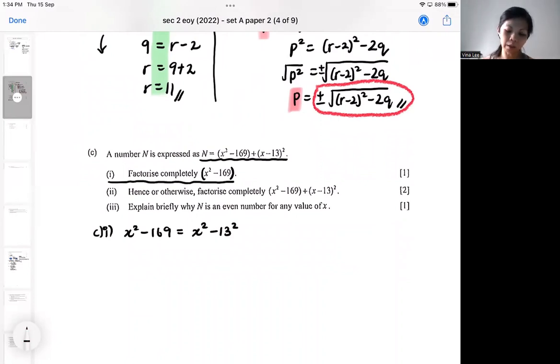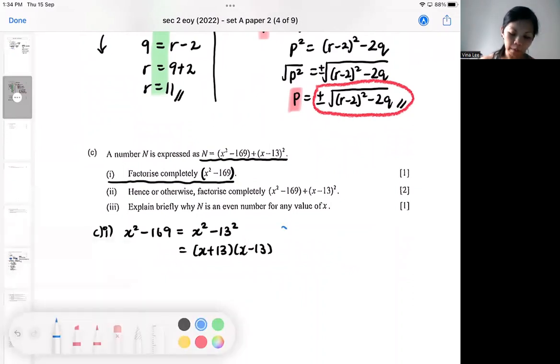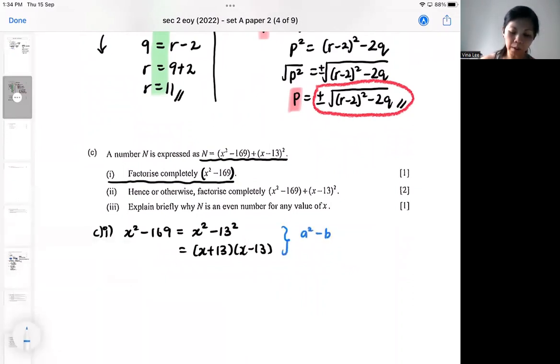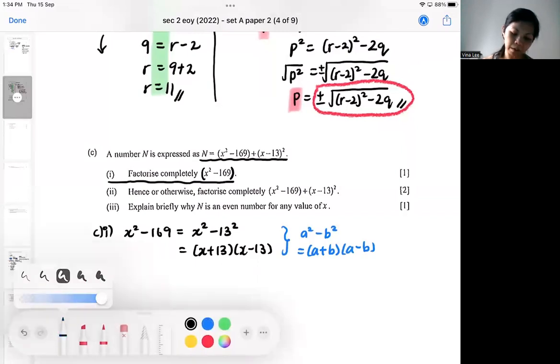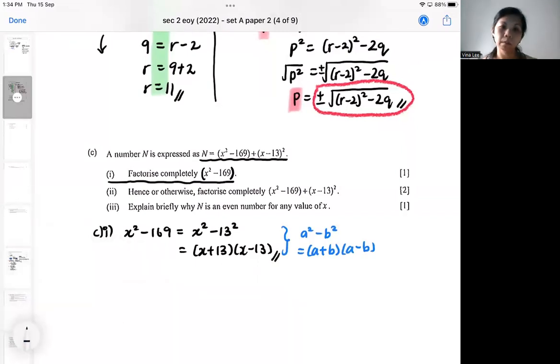It's just your a squared minus b squared method, so you should get this. I'm applying the a squared minus b squared method, and that will be my answer. Stay focused. For every part, follow closely what they are telling you. Don't let your mind stray off.